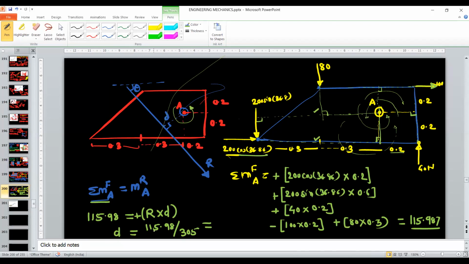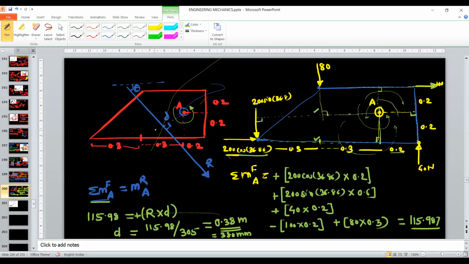This is 115 upon 305, as R is 305. So this answer is 0.38 meter, or 380 millimeter.